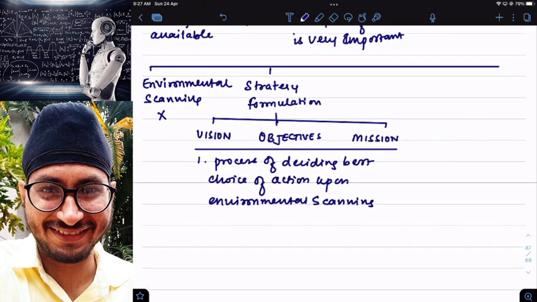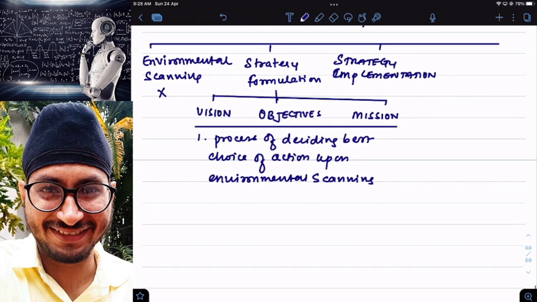After formulation, what is going to happen? Strategy implementation. Just now we discussed, in chapter number 8, what is strategy implementation? It is nothing but strategy being put into action.